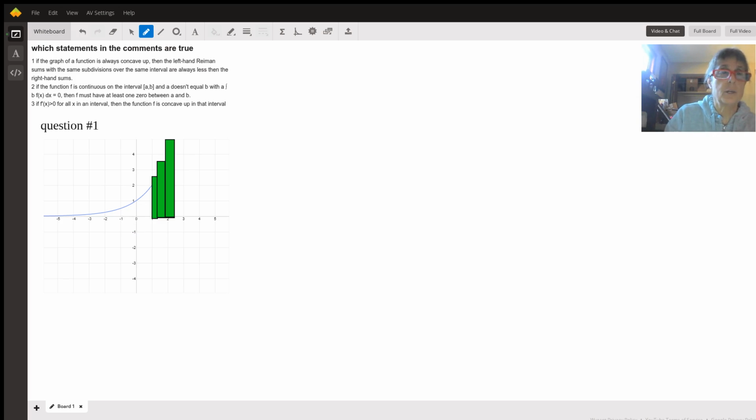So the answer to the question: if the graph of a function is always concave up, then the left-hand Riemann sum with the same subdivisions, which we did here, over the same interval, is always less than the right-hand sum. And we know that's true because this left-hand one underestimated it, whereas the right-hand overestimated it.